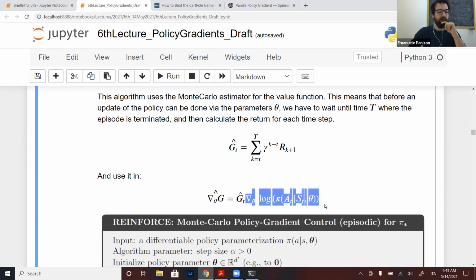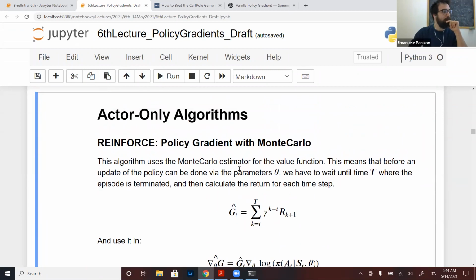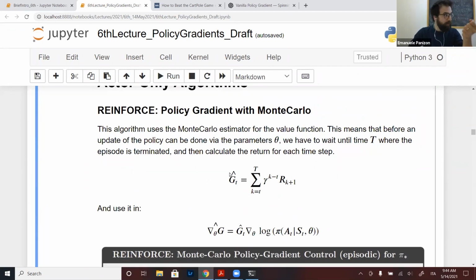We will use this term which I've just analyzed and calculated explicitly for the softmax policies. And instead of using Q, we will substitute Q with the return for each time, the complete return. This has the same problems that normal Monte Carlo methods have. To have the complete return, it means that you have already finished the episode.